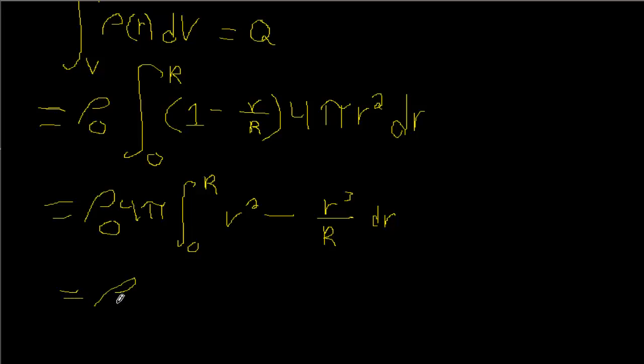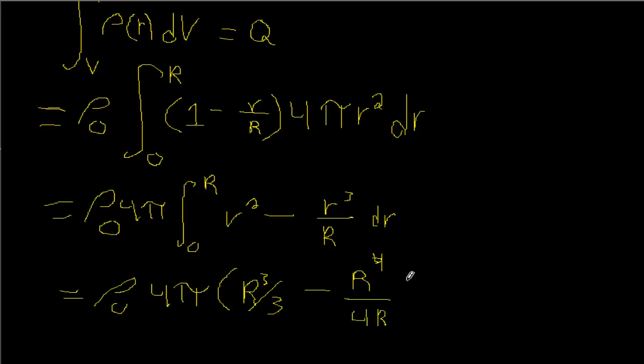It'll be just rho naught 4 pi multiplied by big R cubed divided by 3 minus R to the fourth divided by 4R, and when you evaluate at 0, of course, it's just going to go away.